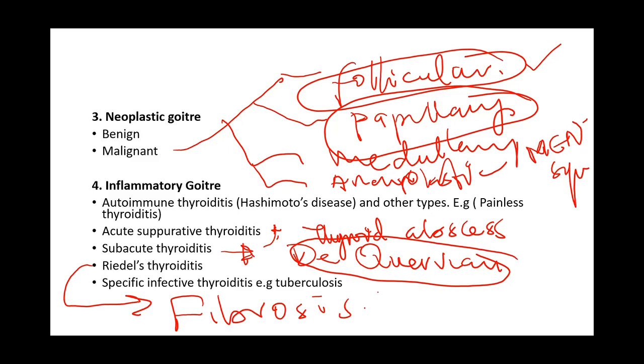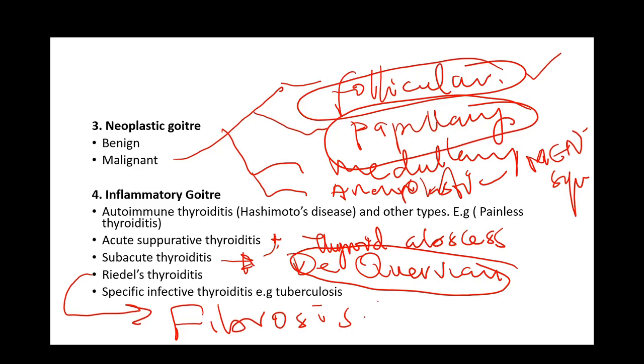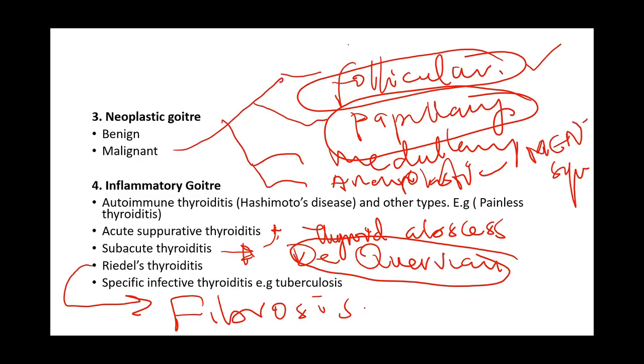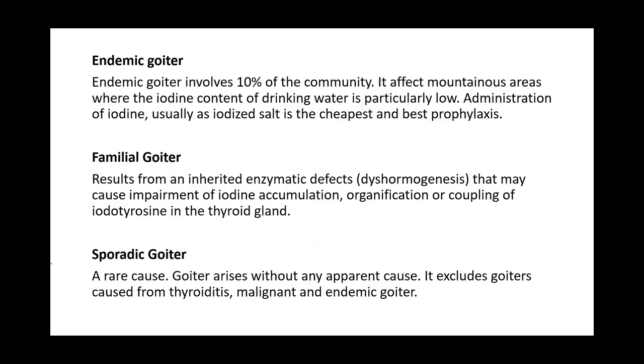So these are the various classes of an anterior neck swelling. We said they could either be simple, they could be toxic, they could be malignant, and they could be inflammatory. Okay.